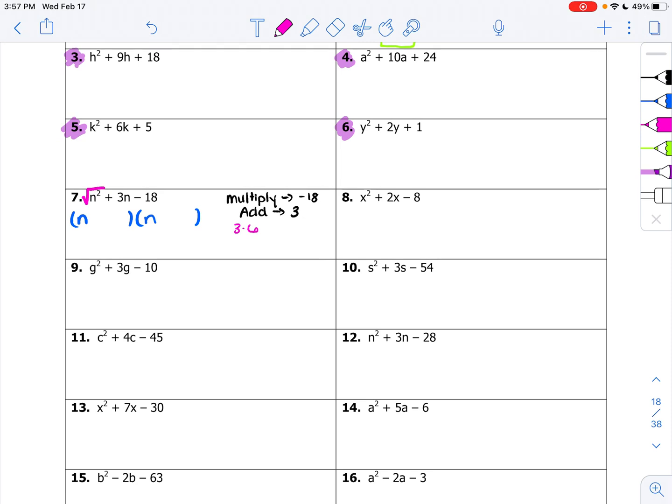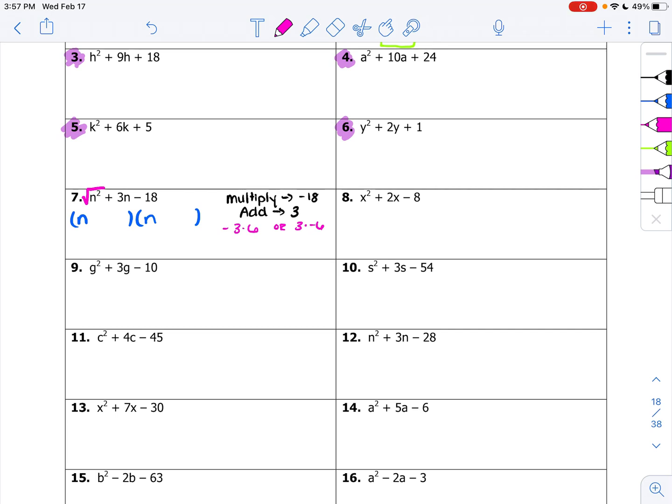So remember, we have to multiply a positive times a negative to get a negative 18. So one of these numbers needs to be negative. Well, if I did negative 3 times 6, or a positive 3 times a negative 6, both of these cases give me negative 18.